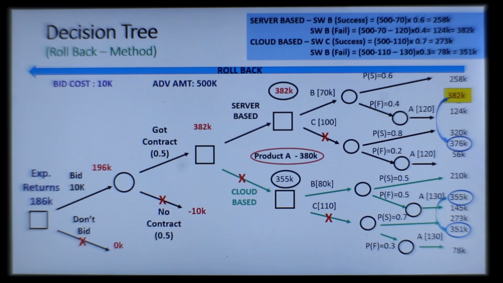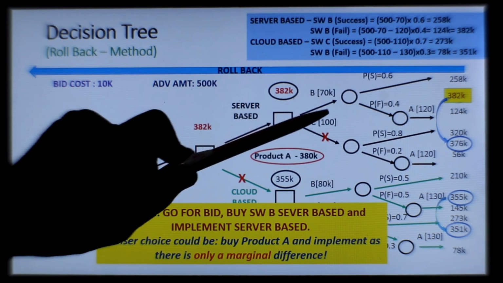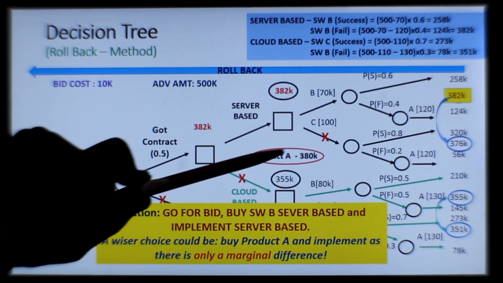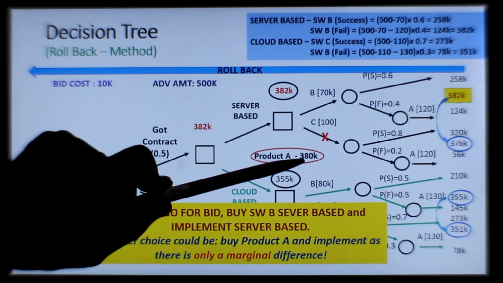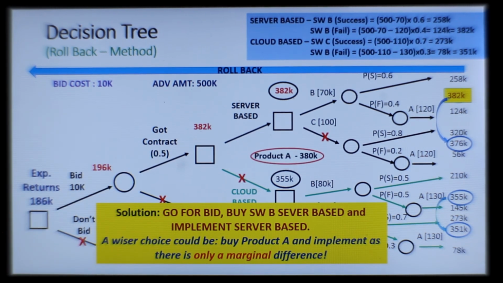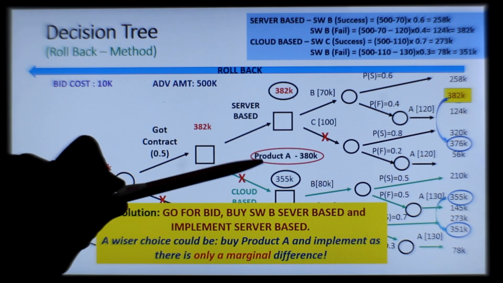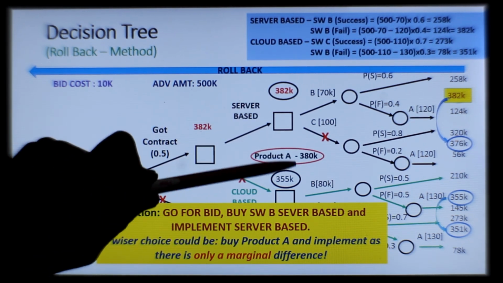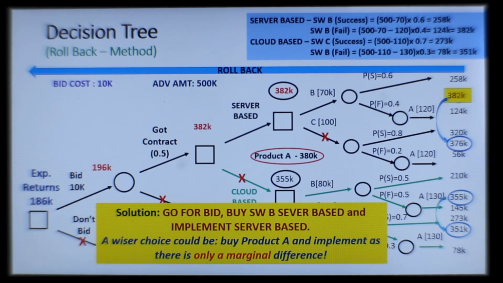Now the choice for the software solution provider is to go for server based product B, or it could be wiser to choose product A and just implement it, because it's a sure shot and you don't need to do much customization. The difference between these two is only 2K. So go for this option.